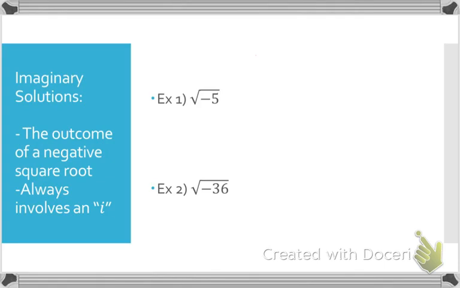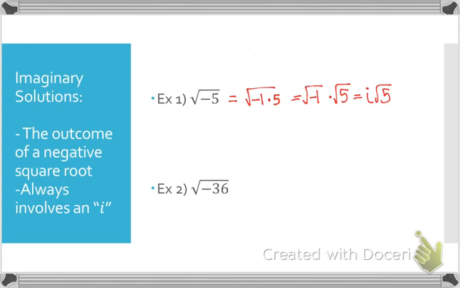But what I want you to understand is that the square root of negative 5 is equal to the square root of negative 1 times 5, which can be broken down into the square root of negative 1 times the square root of 5, which is just equal to i times the square root of 5. Again, the square root of negative 1 is equal to i.